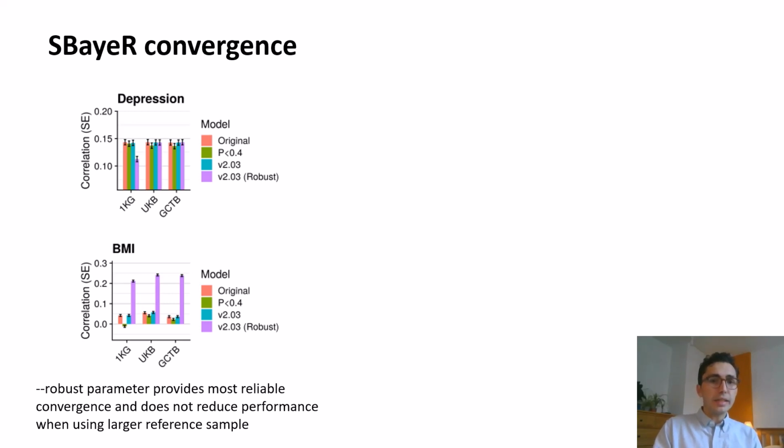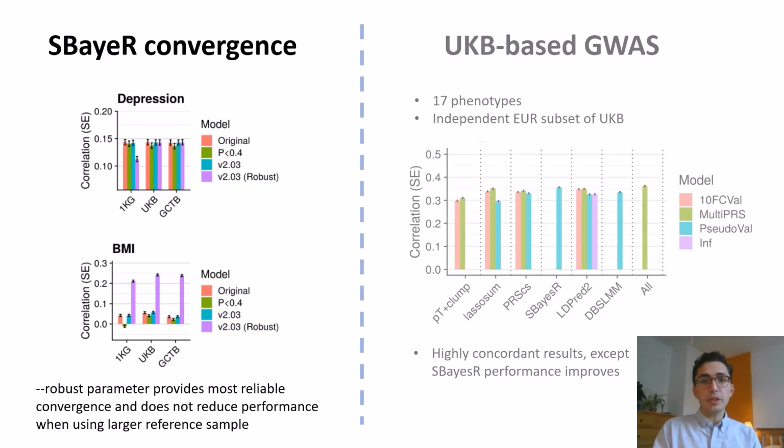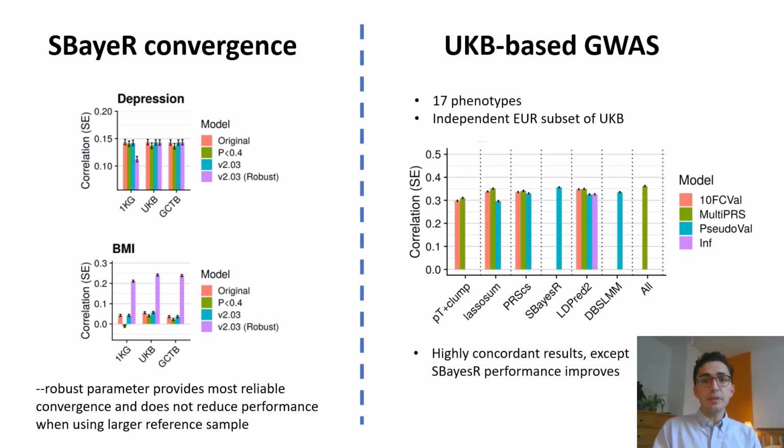A second point is that since our published study, I've also compared PRSCS methods using GWAS summary statistics for 17 different phenotypes derived using only the UK Biobank sample, avoiding possible quality control issues that occur from large-scale meta-analyses.